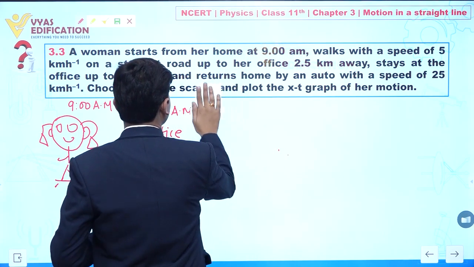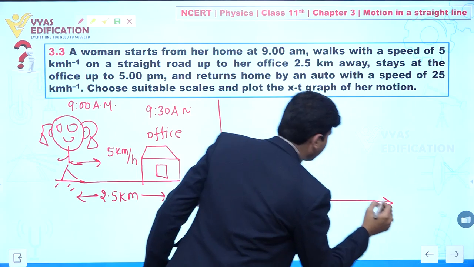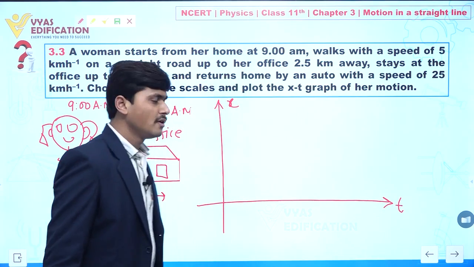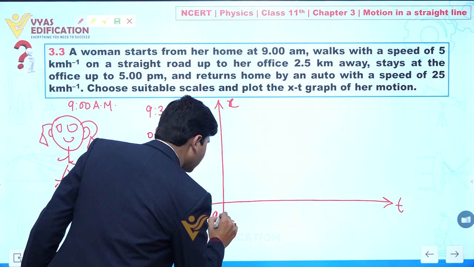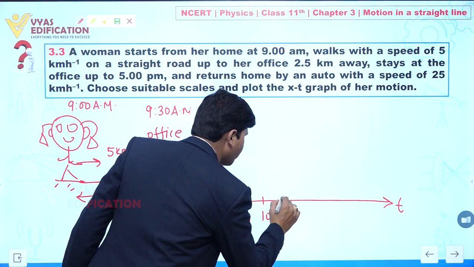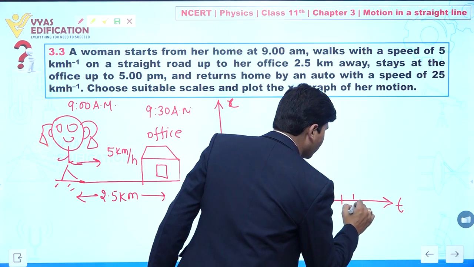Listen carefully. If we draw the x-t graph, this is distance and this one is time. Let's suppose I am taking the origin at 9 am. We can say 9, this is 10, 11, 12, 1, 2, 3, 4, 5.